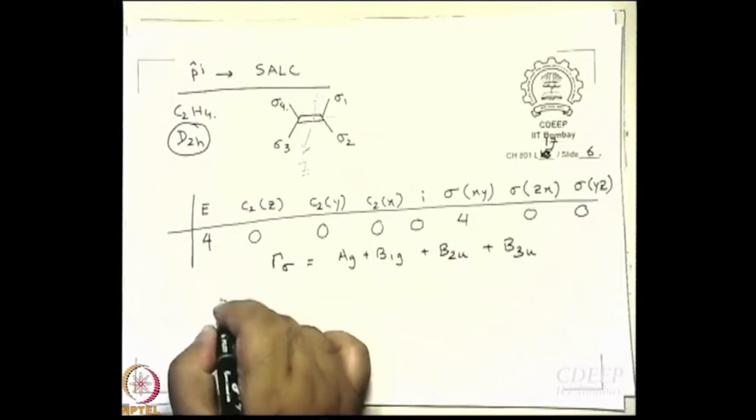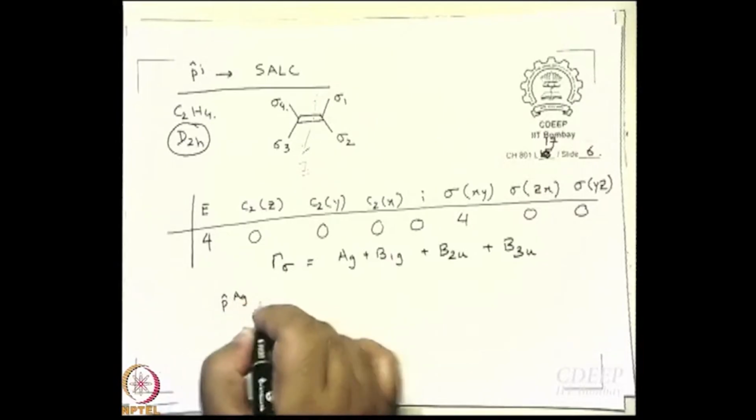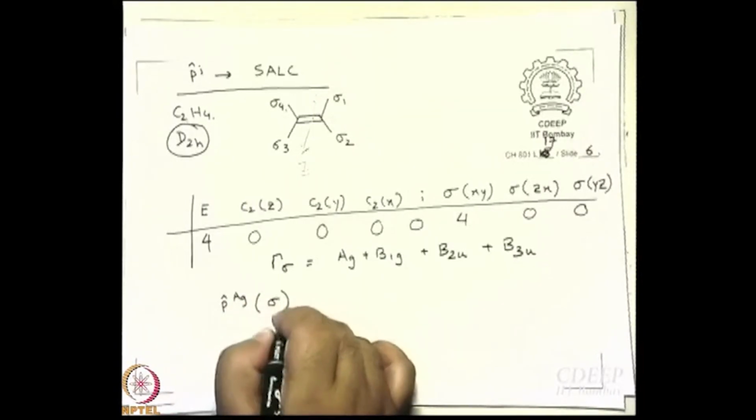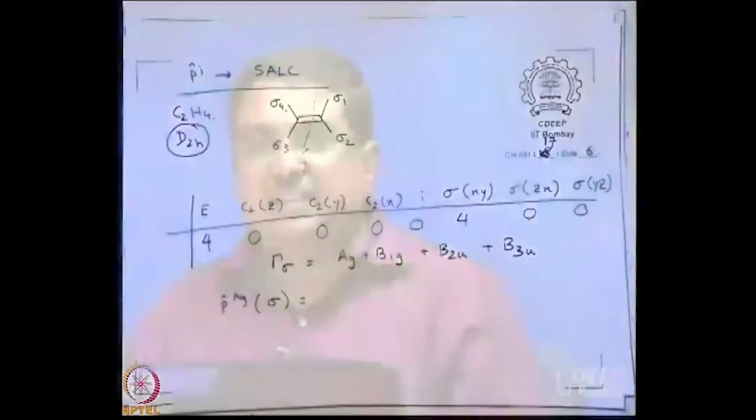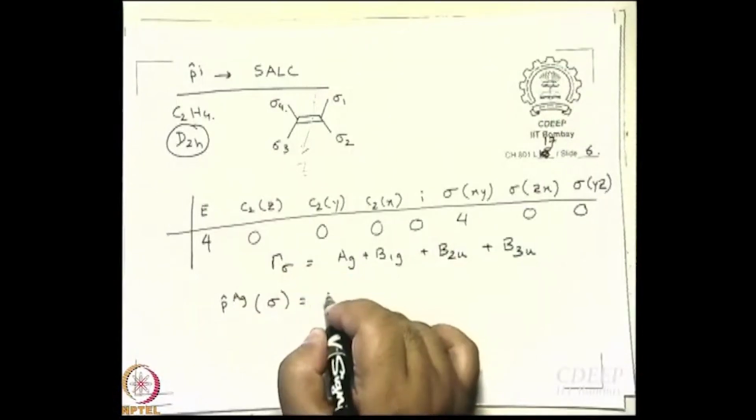So what I want is the projection operator of AG operating on sigma. What will I get? Characters are all one, that is a good thing. It's AG, and the functions also remain unchanged under which operation? E. So to start, for E, what will be the term?